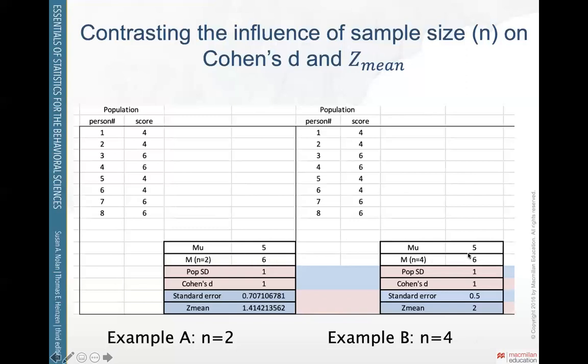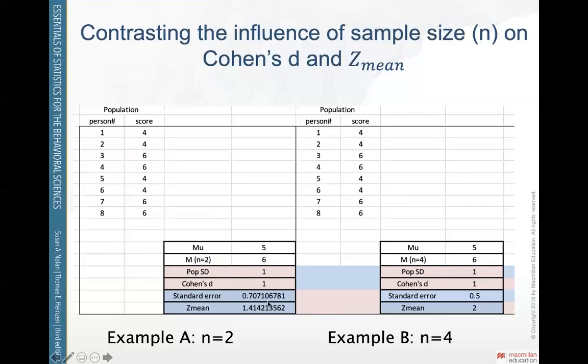In this example, the sample mean M is still 6, but it's based on a sample size of 4. The question is how are Cohen's d and Z-mean influenced by the fact that our sample size of 4 is relatively bigger than example A when the sample size was 2?